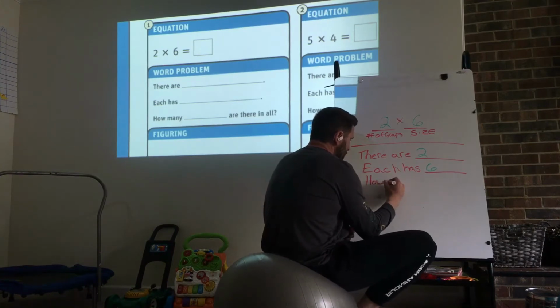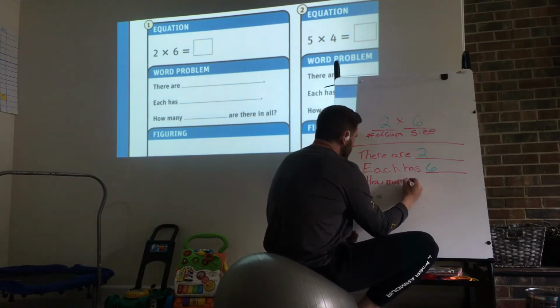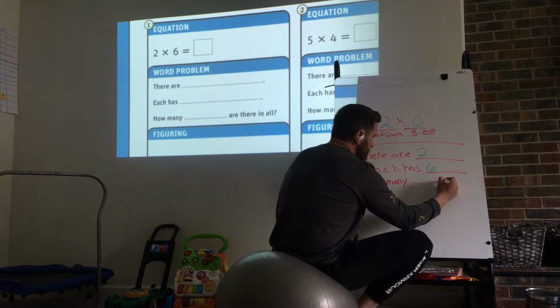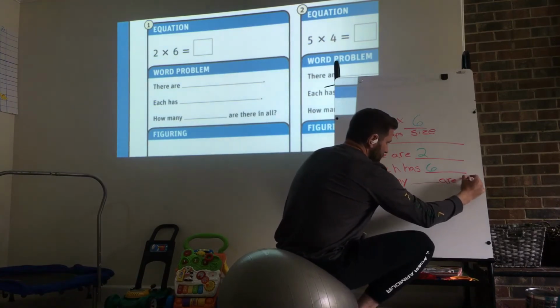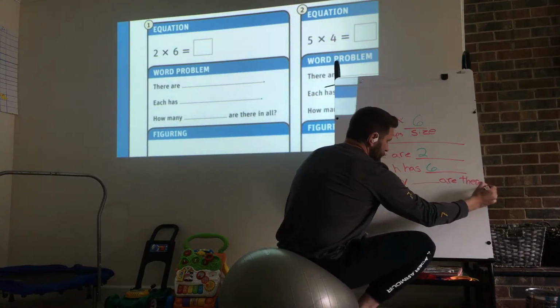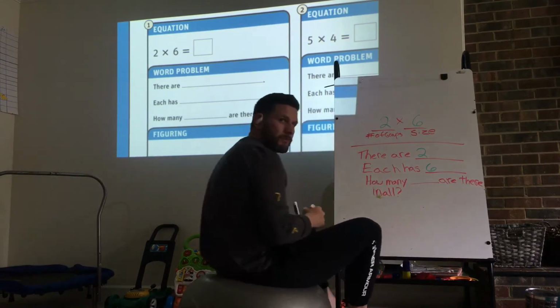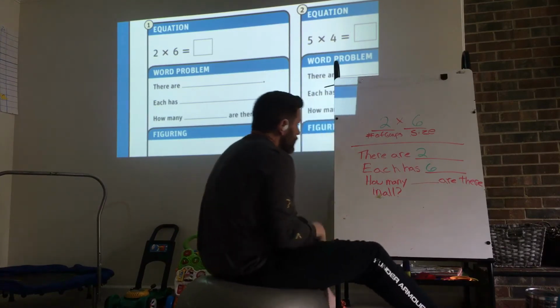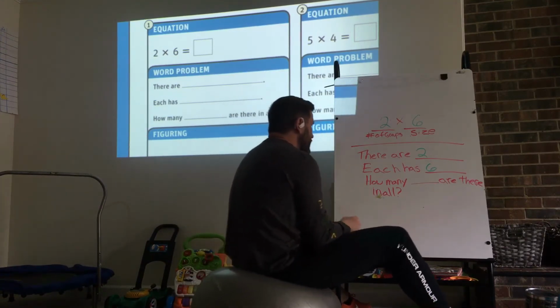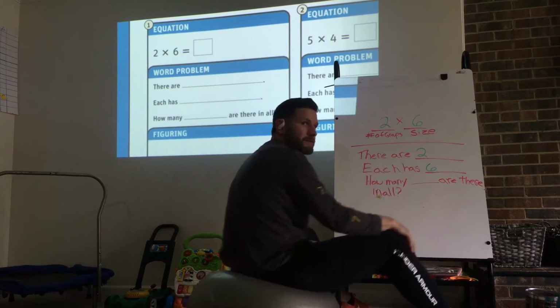How many blank are there in all? So this is what we have. We have 2 and 6. It has 2 groups and then 6.